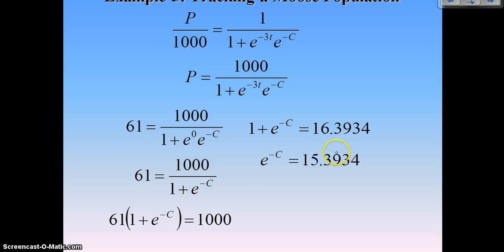Subtract 1, and you see e to the negative c is this number. Well, I'm going to take that e to the negative c value right here and plug it in right there. See, they're both e to the negative c. Alright, now we have this number, and this is our final logistic model, ladies and gentlemen.